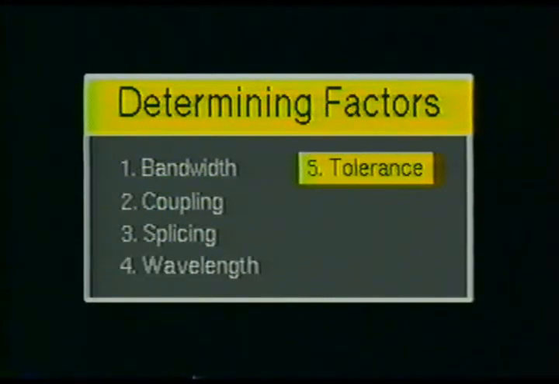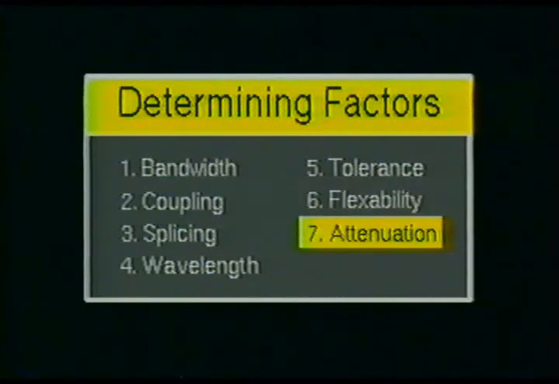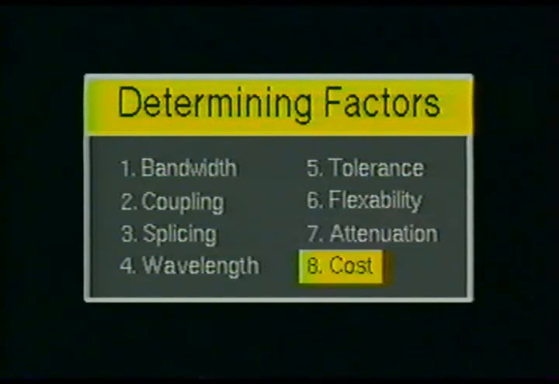The physical attributes of the cable to withstand high temperatures and extreme environmental conditions. 6. The flexibility of the cable. 7. The attenuation of the cable per 1,000 meters. And 8. The cost of the cable.